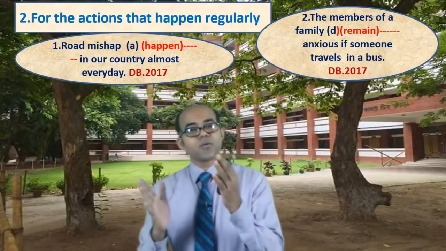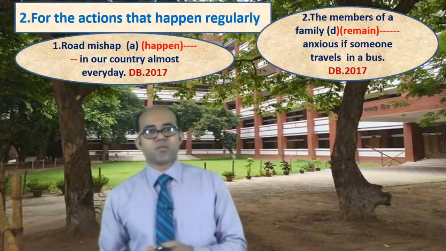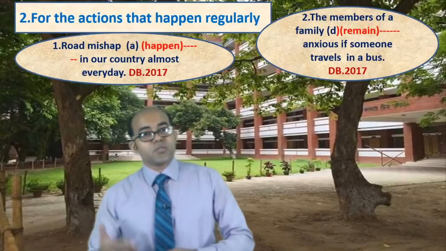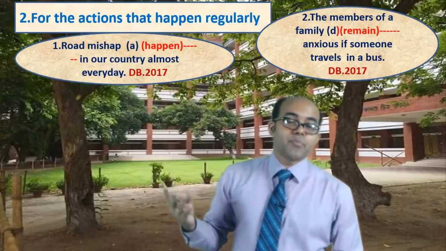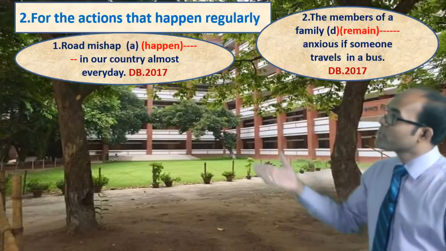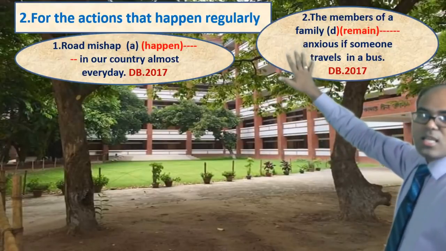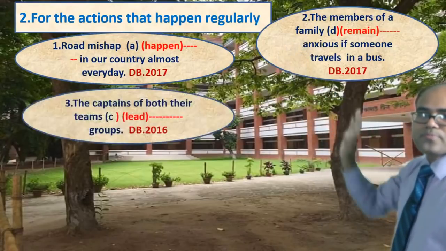So this is a regular action that happens for every family everywhere in the world. The noun here is members, so the answer will be remain. Dear learners, see, the answer will be remain.